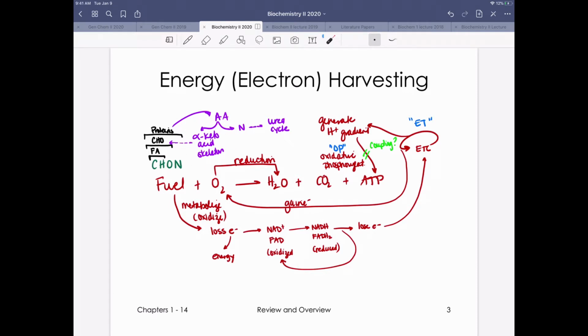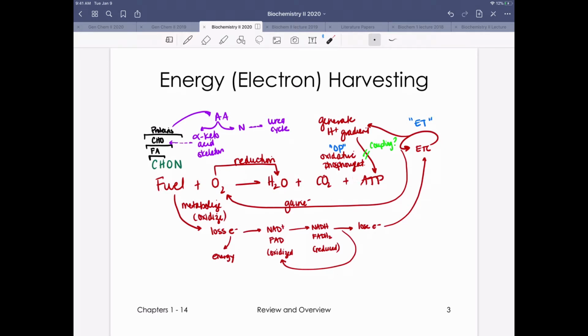Once you have this alpha keto acid skeleton, that's essentially a carbohydrate, so we find some flavor of carbohydrate in the metabolic processes that we've discussed so far that we can play into.